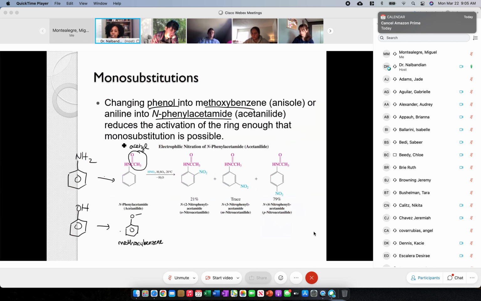It's pulling away electron density, right? Partial negative, partial positive. And so we get this resonance form where the nitrogen is pushing electron density into that acetyl group instead of being able to push it into the ring. So we get this resonance form.